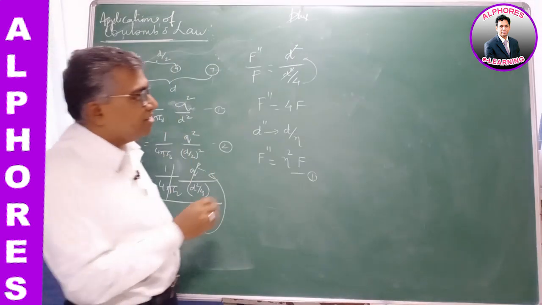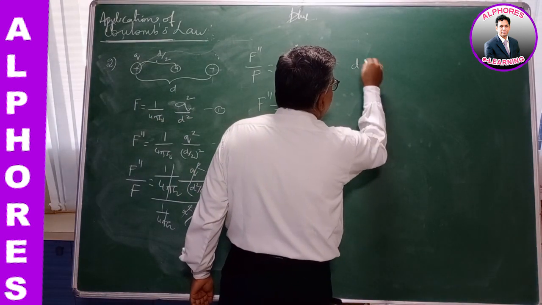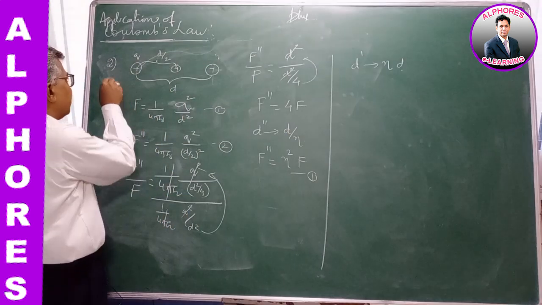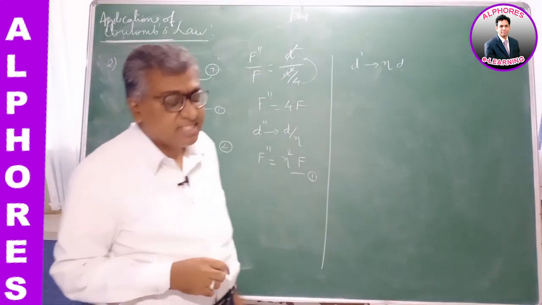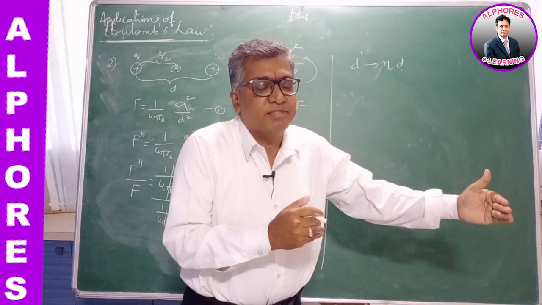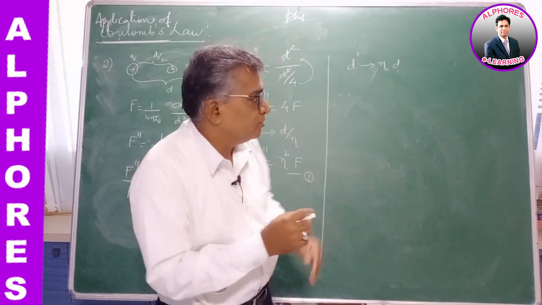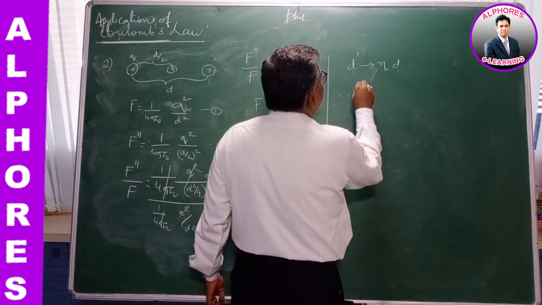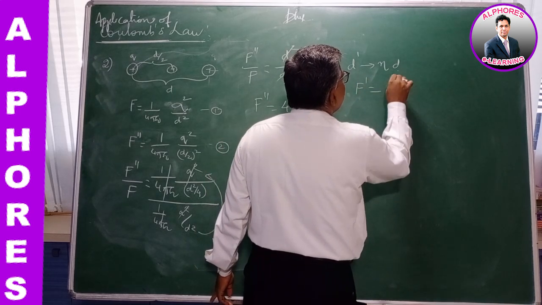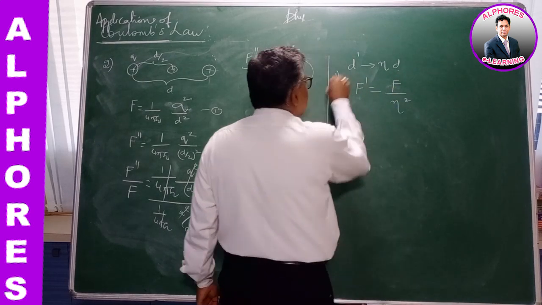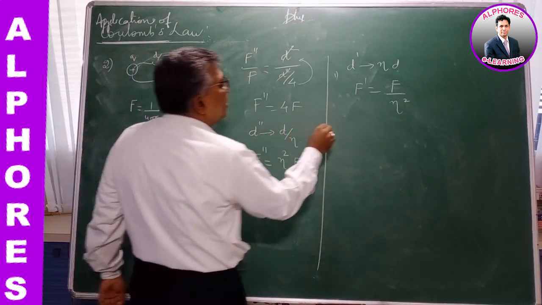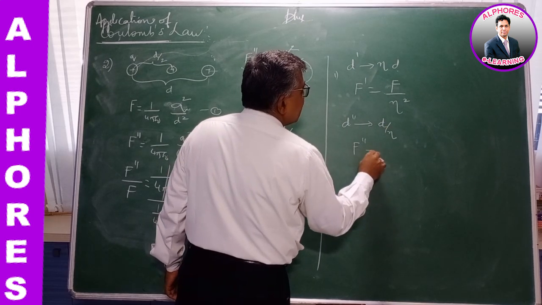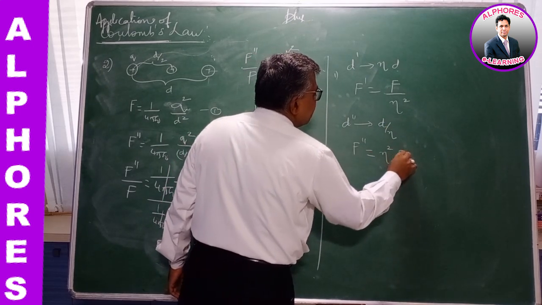Just now I have explained, when the distance is made n times d, that is the first case. The first problem we have done is, when the distance is increased to n times, d dash is nd, then F dash is the initial force F by n square. In the second case, when the distance is made d by n, the force F double dash is n square times F.